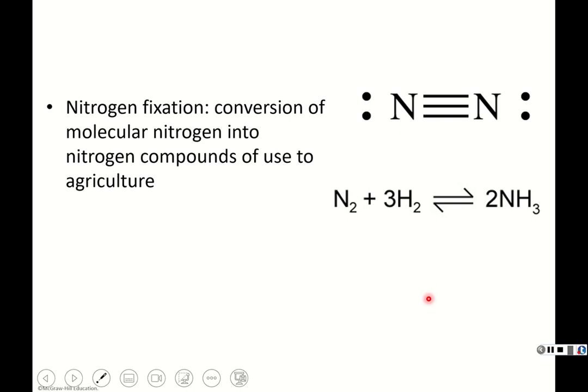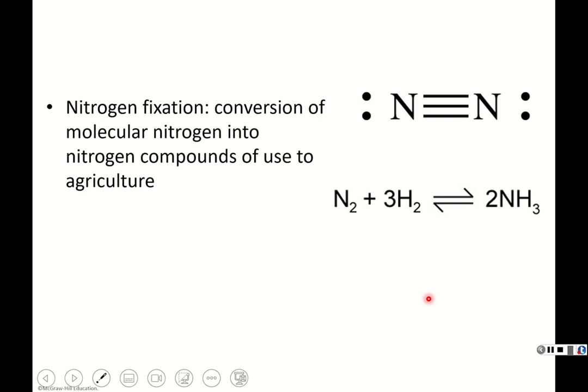Well, nitrogen fixation is a term that we use when you convert molecular nitrogen, N2 gas, into nitrogen compounds. And that's, our bodies need this to happen. And we'll talk about this in a second when we talk about the nitrogen cycle.